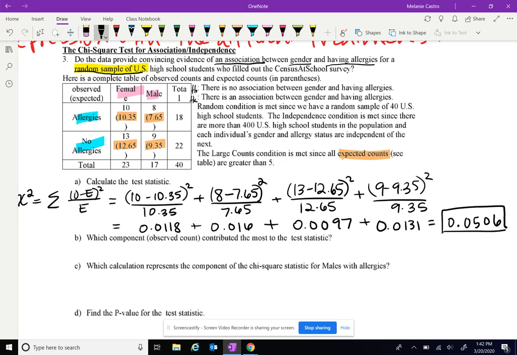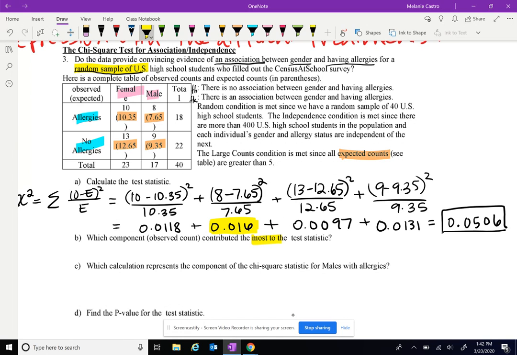It says which one of those components contributed the most to the chi-squared test statistic. So if we want to know which one of those made that number the biggest, sometimes they'll ask you which one contributed the least. We're looking for which one of these numbers was the highest. The one that was the highest was this number right here.